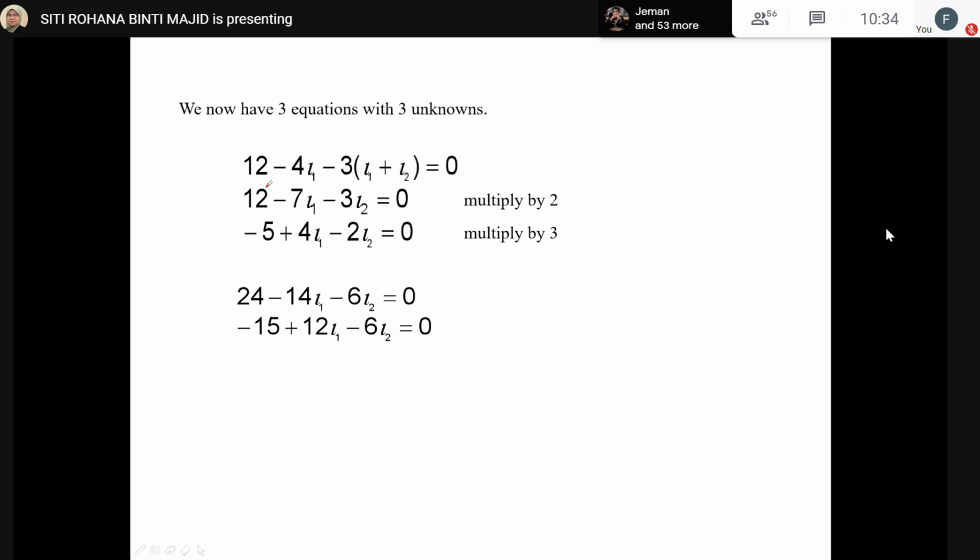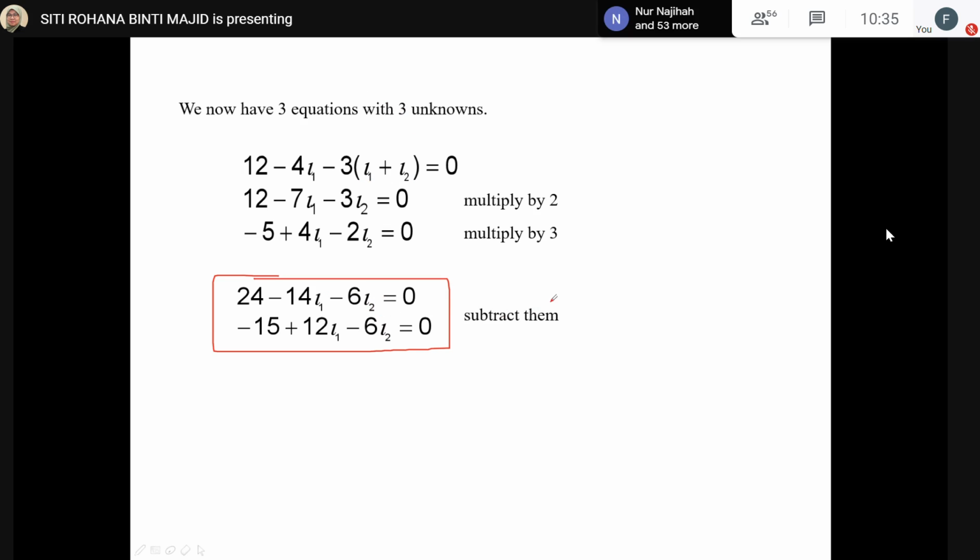And then we can have simultaneous equations. So you can multiply equation 1 by 2 and equation 2 by 3. After this part, you will have this as the result. Then we can subtract them. Actually, this one has only two unknowns, which are I1 and I2.